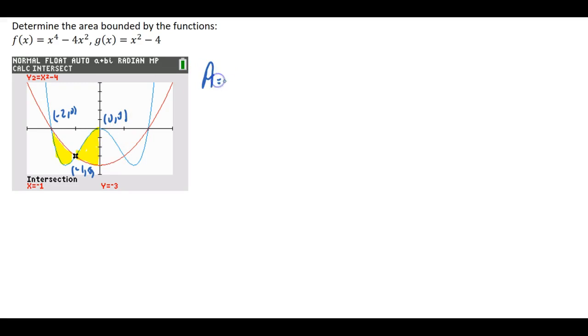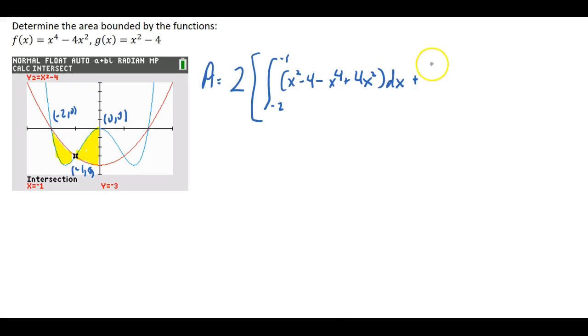So our area is going to equal twice the integral from -2 to -1 of the quadratic minus the quartic, plus the integral from -1 to 1 of the quartic, which is x to the 4th minus 4x squared, minus the quadratic, that's minus x squared plus 4 dx.